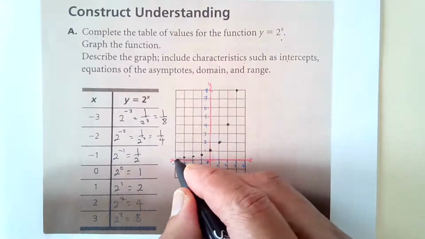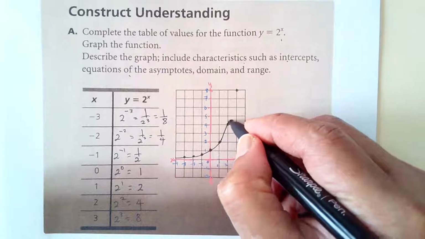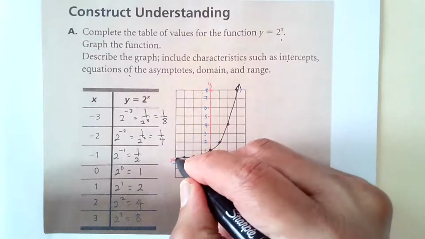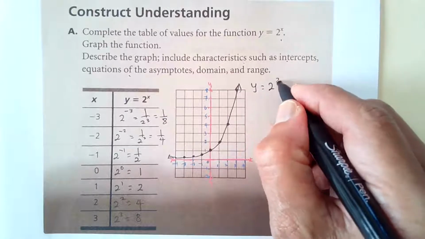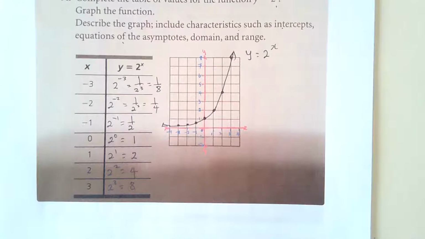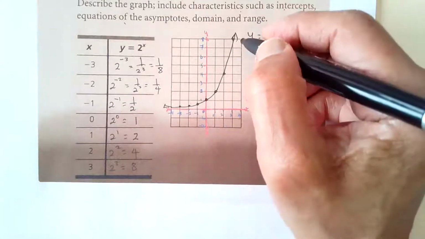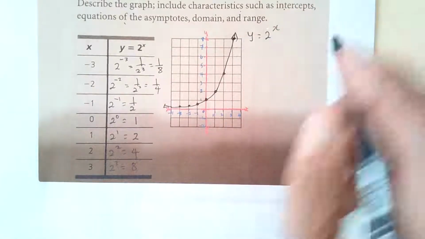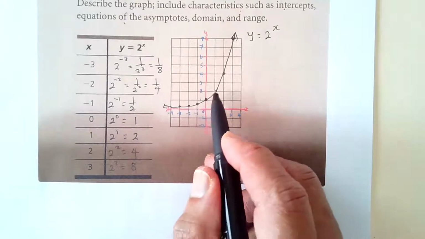So now I construct a nice smooth graph by connecting these points. So this is my graph y is equal to 2 to the power x. Now, what are some of the characteristics of this graph? We can see this graph is increasing. And we see it's increasing because as the x increases, the y increases.